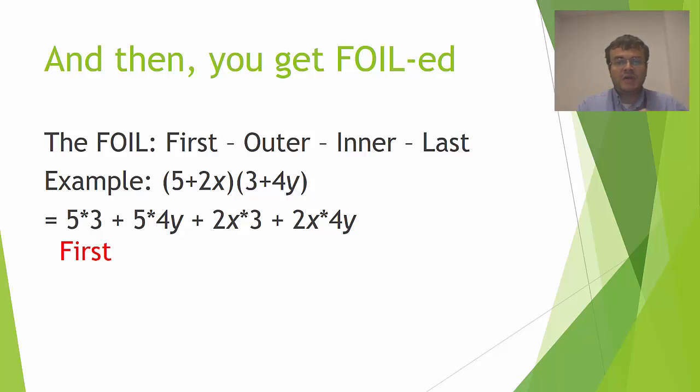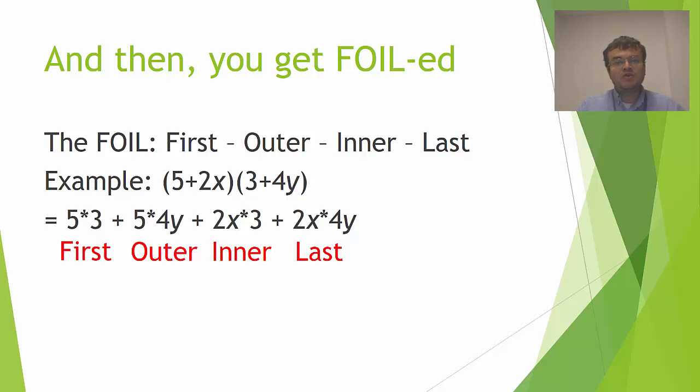So 5 times 3. And then the outer, so the way they are written now, the 5 plus 2x and the 3 plus 4y, the outer pieces are going to be 5 and 4y, so you multiply. Then multiply the inner ones, the 2x and the 3, and multiply the last ones, the last piece in each factor, so you are going to get 2x and 4y, and you are going to multiply.